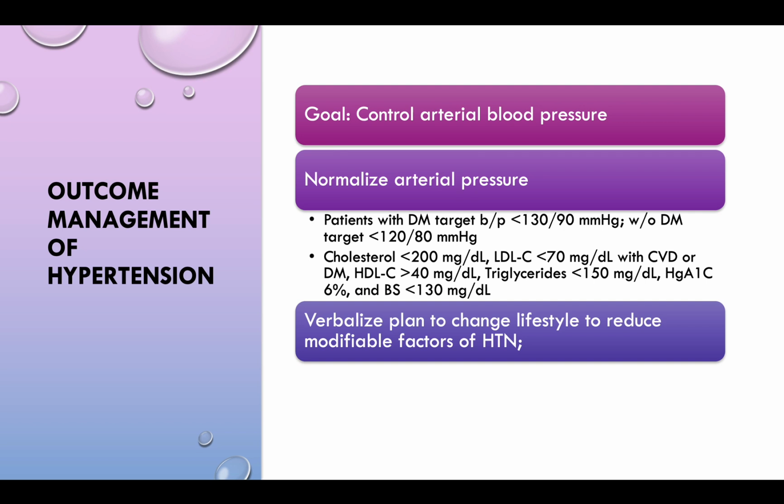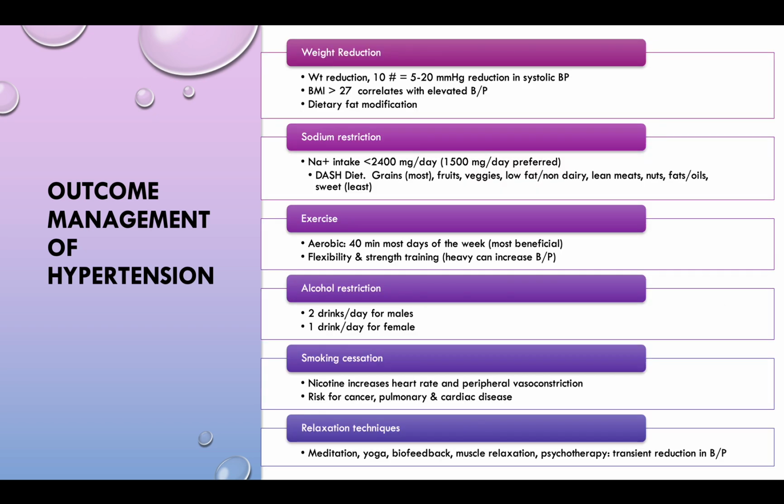A big thing I think that we really have to think about is how can we modify lifestyle. What were those things that we talked about that can increase blood pressure? Things like diet, exercise, alcohol, that kind of thing. Weight reduction is a huge thing that can help with blood pressure. Even as little as 10 pounds can reduce the systolic blood pressure by 5 to 20 millimeters of mercury. So encouraging weight loss through dietary modification, heart healthy diets like low fat, low cholesterol, and exercise.